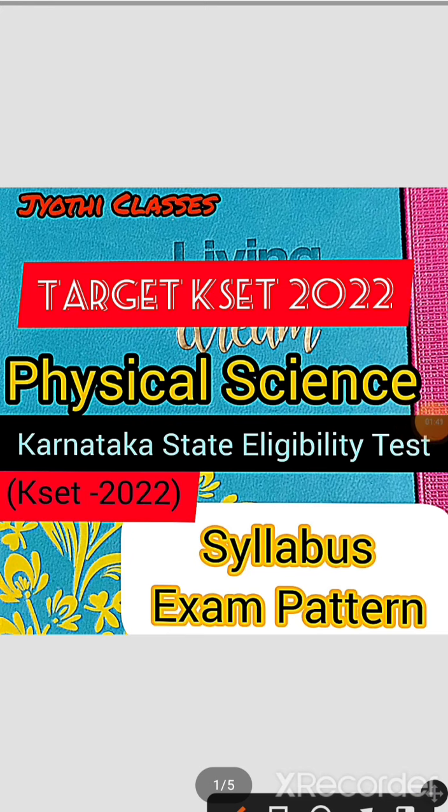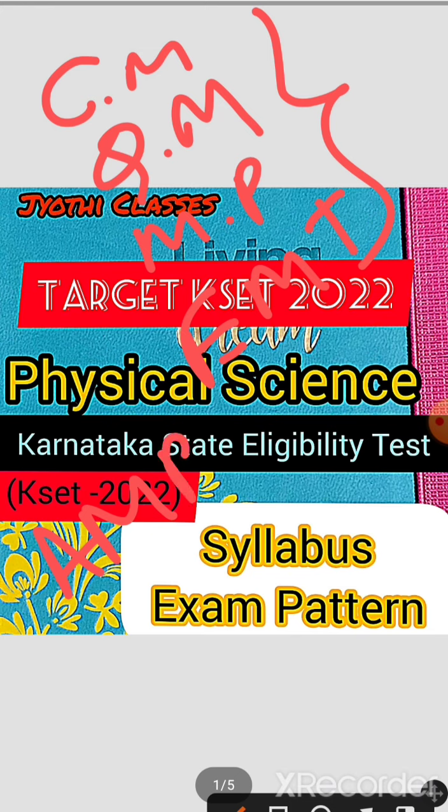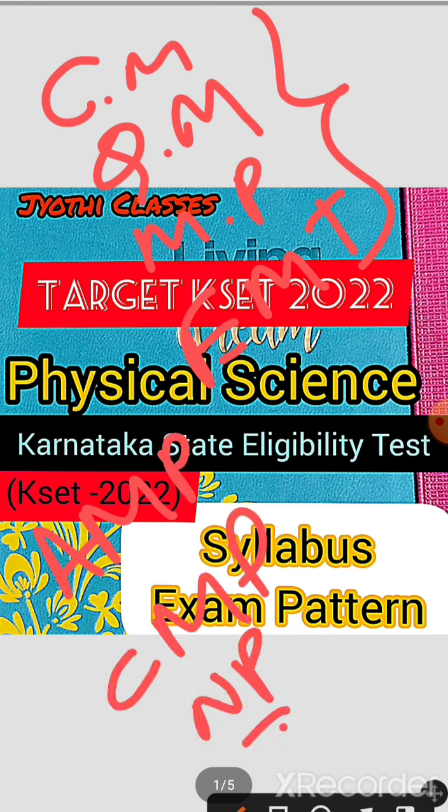They are classical mechanics, quantum mechanics, mathematical physics, and EMT, electromagnetic theory. These are four of them. And next, atomic and molecular physics, condensed matter physics, nuclear physics, thermodynamical physics, and electronics. Totally 9 are there.